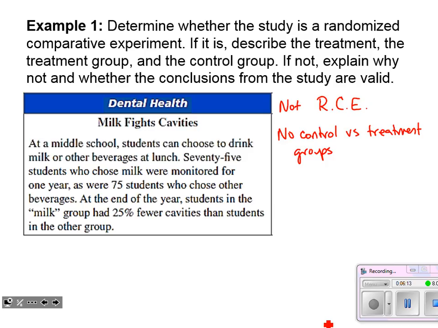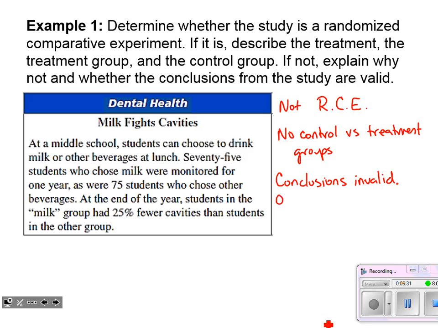Another claim that I would make, the conclusions would be invalid. Because, yeah, we're comparing what they're doing at lunch, but there could be a whole slew of other possibilities.